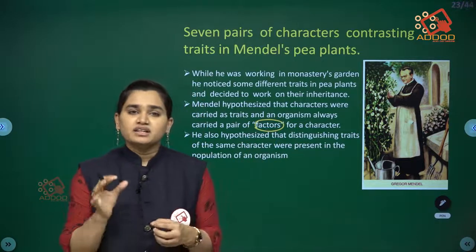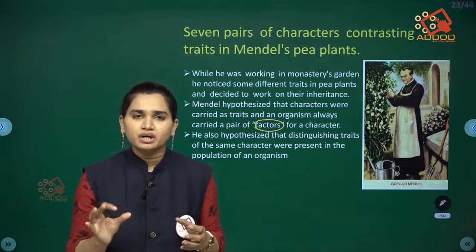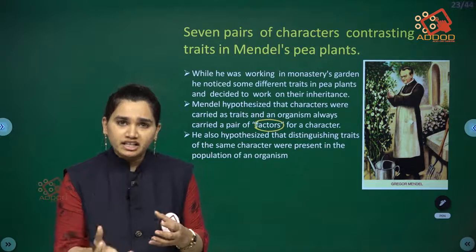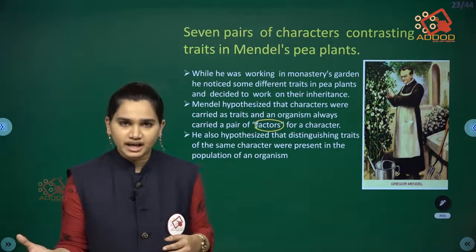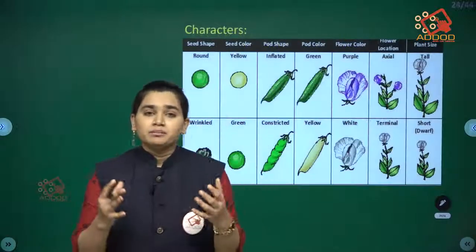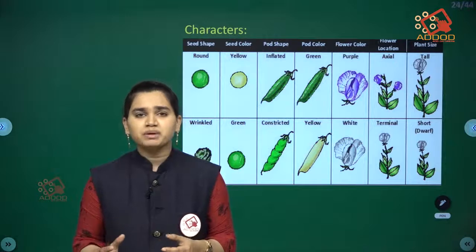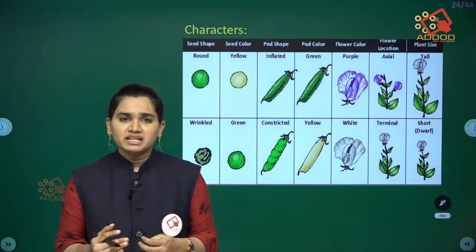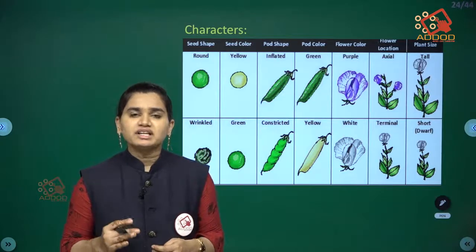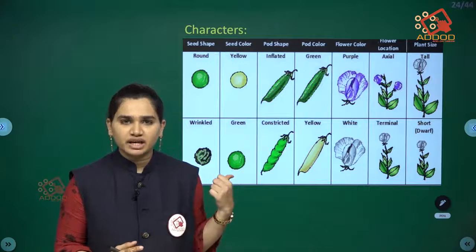He said that certain factors are responsible for giving a plant a particular character, and in each plant these factors will be different, hence it gives rise to a different character. Mendel studied nearly 1000 pea plants of 34 varieties. Out of all those plants, he studied 7 characters, and all of his study was done on these 7 characters.